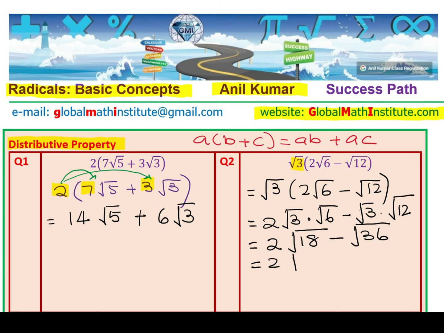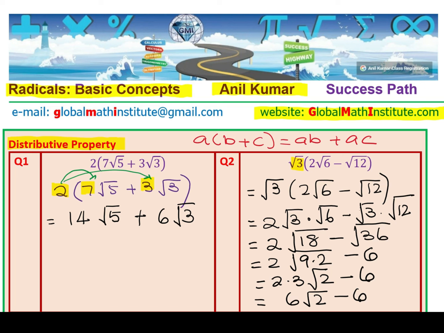So we'll write this as 9 times 2. 36 square root is 6. And 9 square root is 3. So we get 2 times 3 square root 2 minus 6. Do you see all the steps now? Perfect. And now you get your result, which is 2 times 3 is 6 square root 2 minus 6. Perfect. So that is how we are going to apply the distributive property, expand, and then simplify.